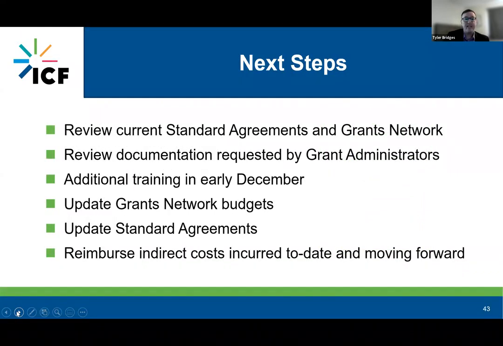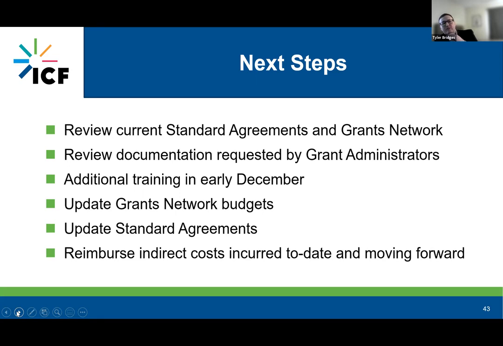So finally, this slide provides a brief summary of what's next after you respond to your grant administrator's request for the budget template and indirect cost supporting documentation. Once you submit the requested documentation, first, HCD will review the budgets in your standard agreements and in Grants Network. Next, HCD will review the documentation requested by grant administrators that we just discussed.